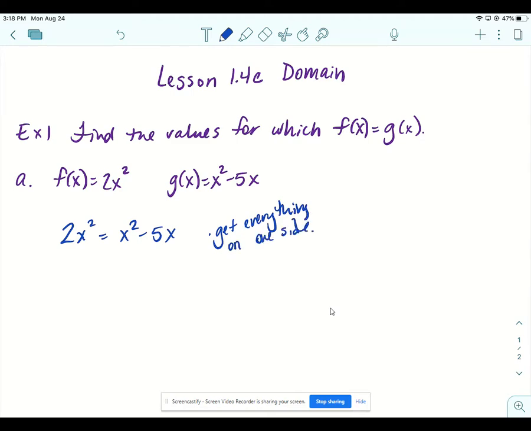So I am just going to move everything to the left. So I'm going to subtract x squared from 2x squared. And then I'm going to move the 5x over, so it's negative on the right. It should be positive on the left.